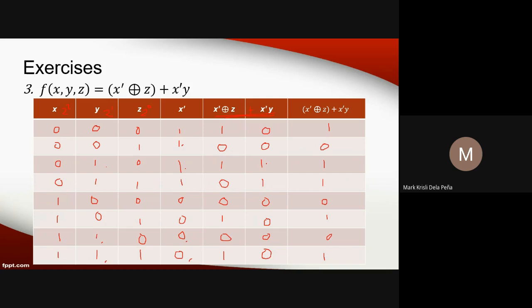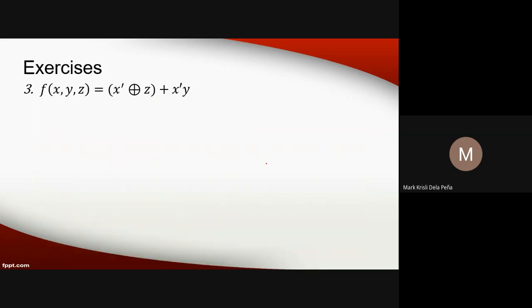How do we create a circuit diagram for this? Let's start with a recall. Always remember the laws of precedence, or the priority. We start with the parenthesis, then the NOT gate.